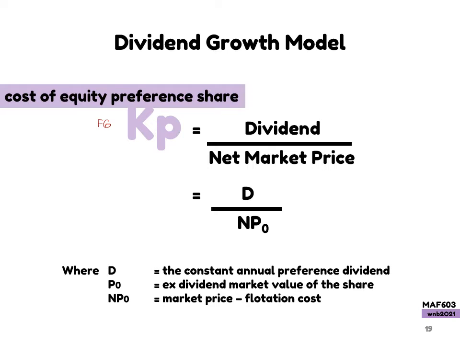When it is stated as net, you need to remember to exclude the flotation cost. You also need to remember that dividend is calculated based on par value, not based on market value of the share.